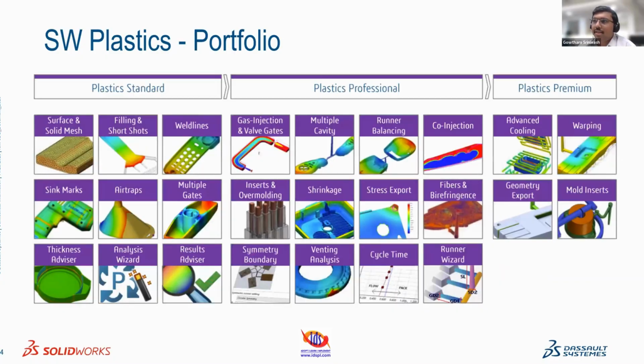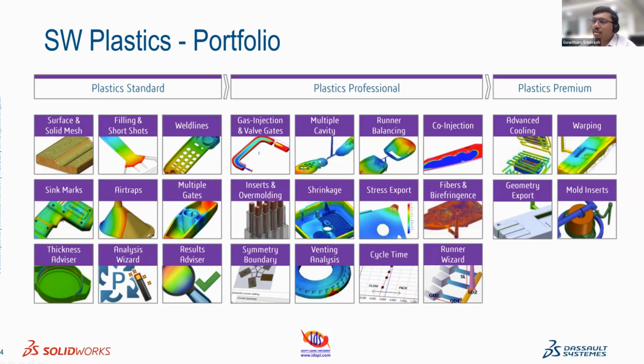Based on the various testing conditions, we have listed what testing abilities we have. Starting from basic fill analysis with basic defect predictions, to gas assist molding, multi-over molding, insert over molding, fiber assist molding, even vent analysis.